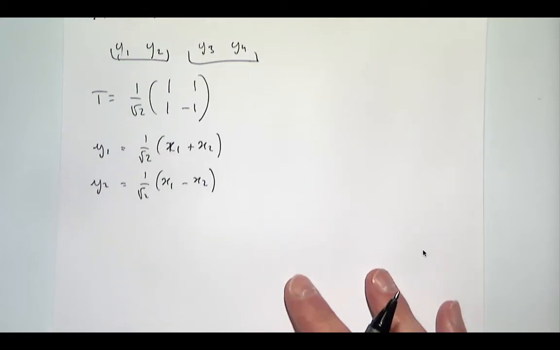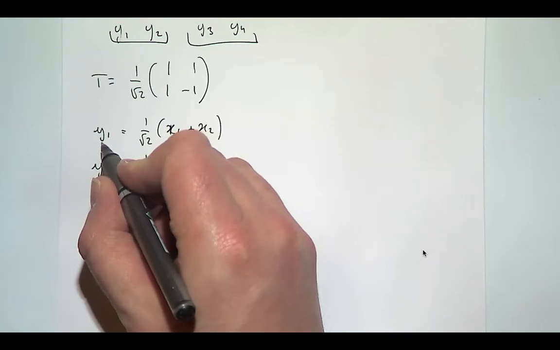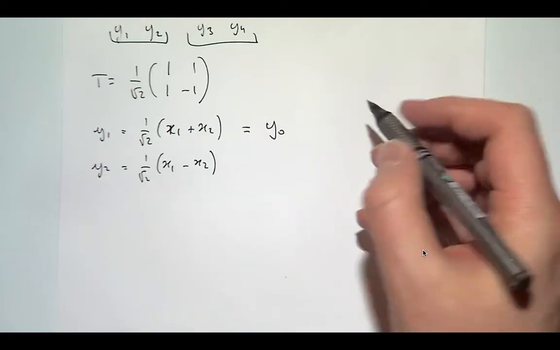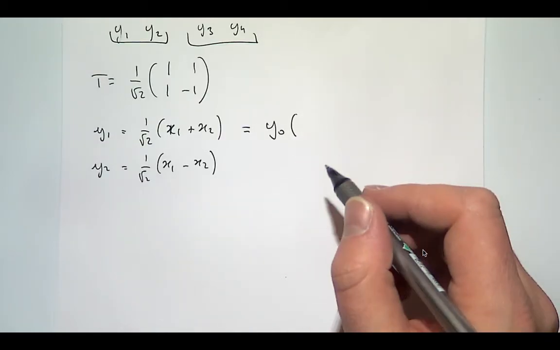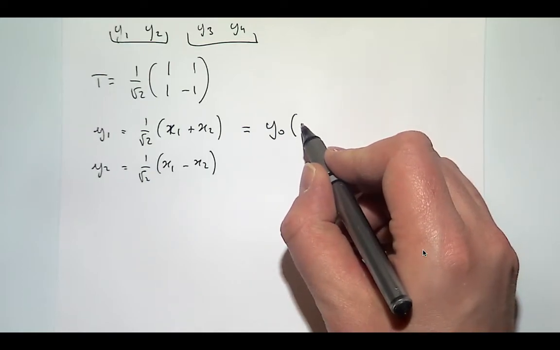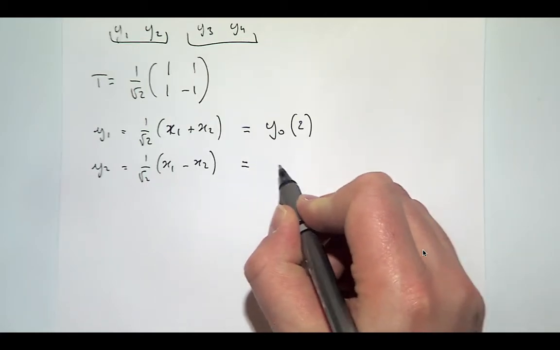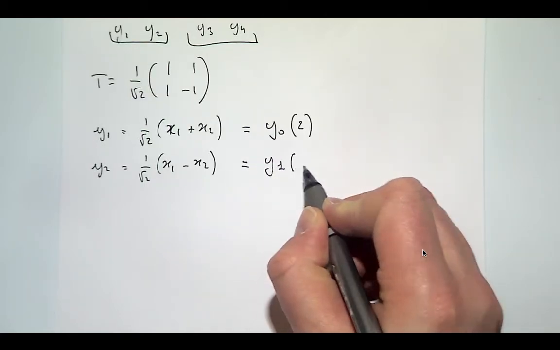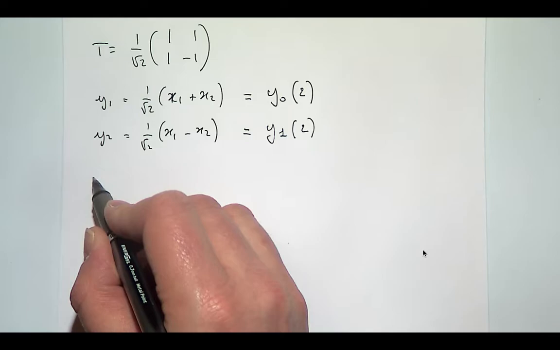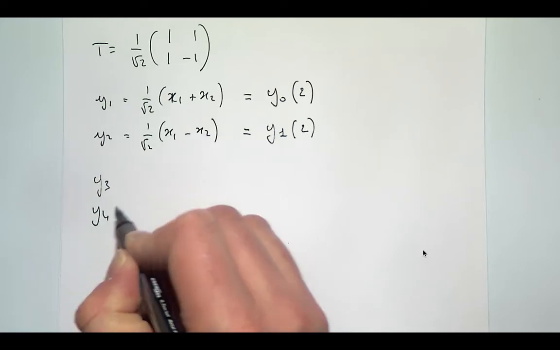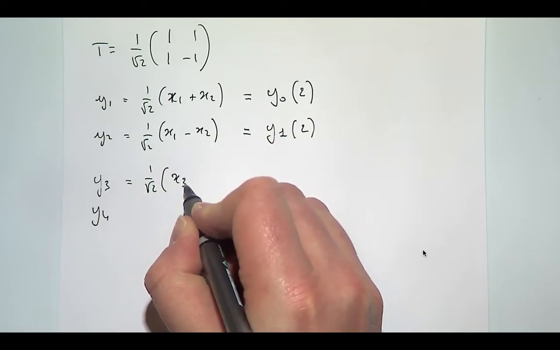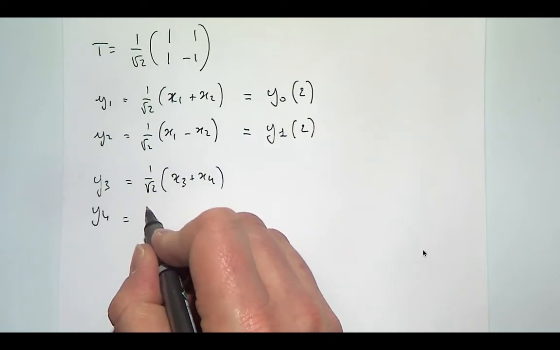So in a way, what we're saying here is that y1 is this, and that's the result of this filter taken at value 2. And here we say this is the result of this other filter taken at value 2. But when you move on to the next pair, you're going to see you have a gap.